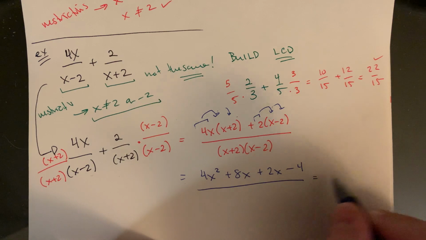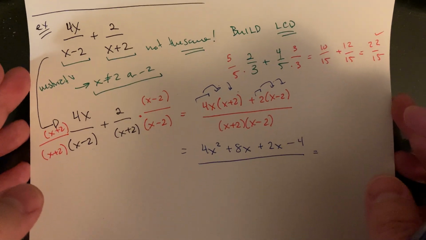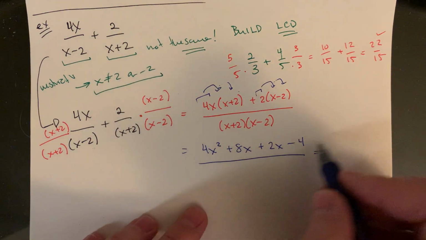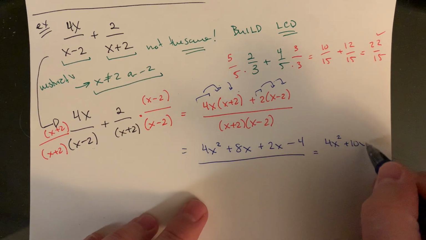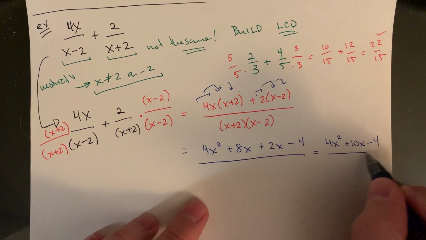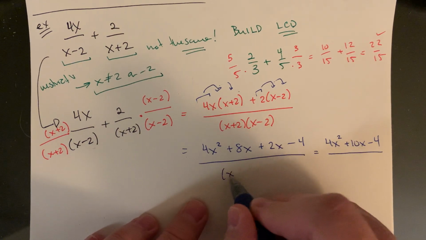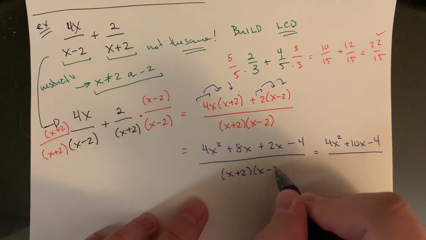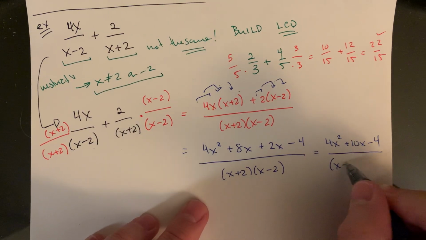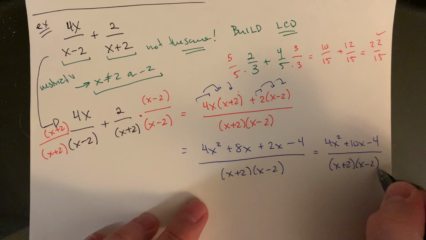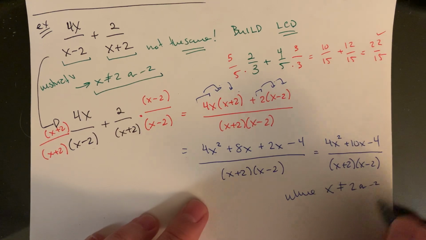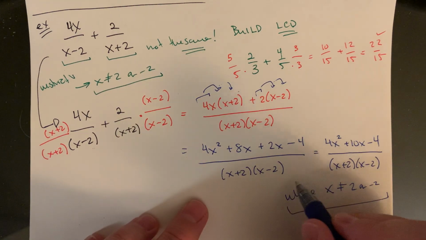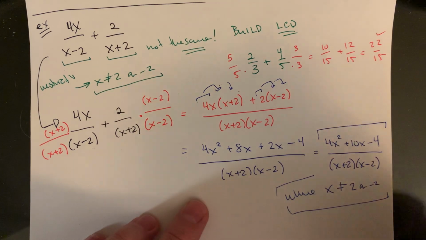So what you get is a little bit of fraction multiplication and some combining like terms. 4x squared plus 10x minus 4 all over, so what was this? x plus 2 times x minus 2. And then that was where x is not allowed to be, what? 2 or minus 2.